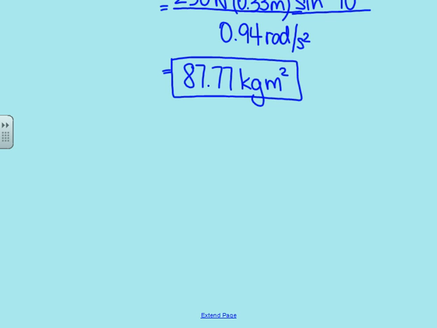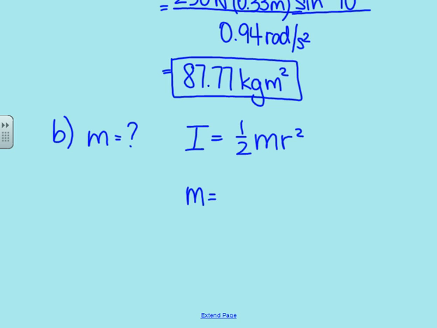As previously mentioned, part B is asking us to find the mass. Now I can use the equation that I equals 1/2 mr squared. Solving for m, I find that m is 2 times I divided by r squared.